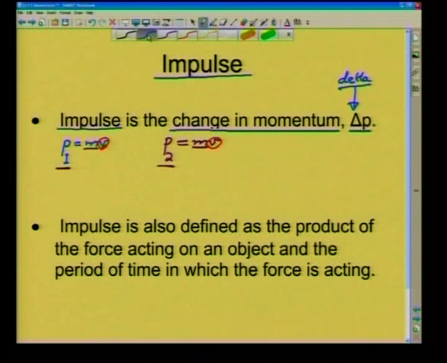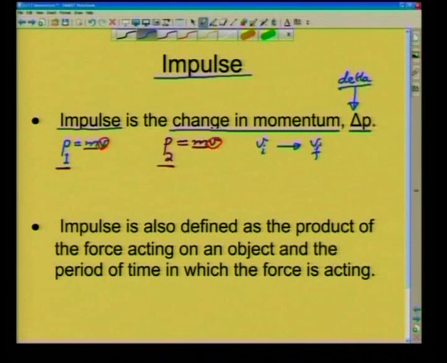Now, it would mean that the velocity of the object has changed from some initial velocity to some final velocity. Okay?